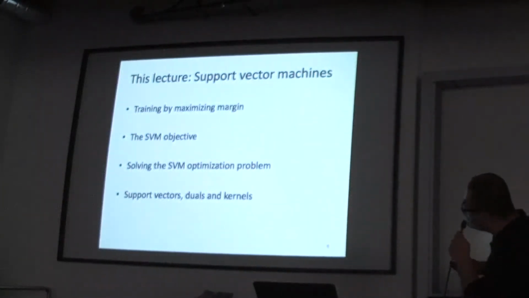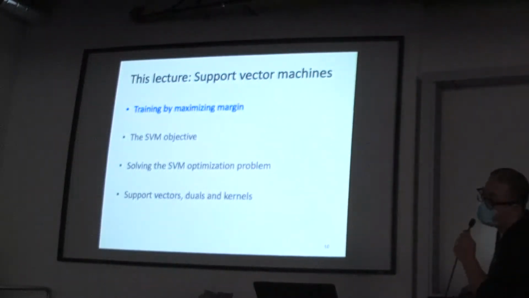So here is the plan for us to talk about Support Vector Machines. We're going to first talk about the training principle. Essentially, Support Vector Machines aim to maximize the margin of the linear classifiers, and we will show the connection of this margin maximization principle and the generalization error bound.